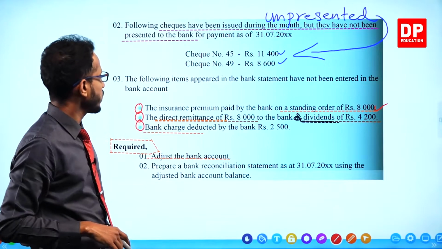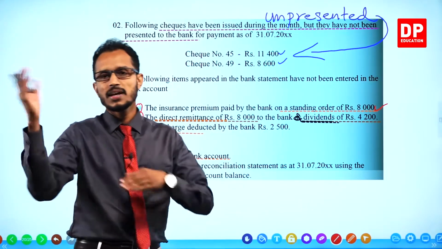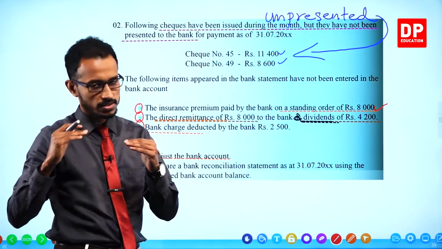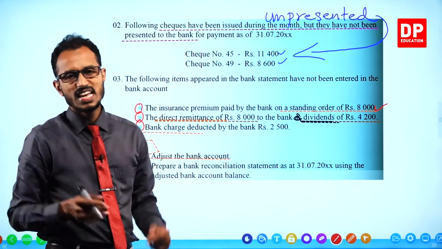Now we know that direct remittances are money coming into the bank account. Money coming in means balance increases, which means it's a debit.